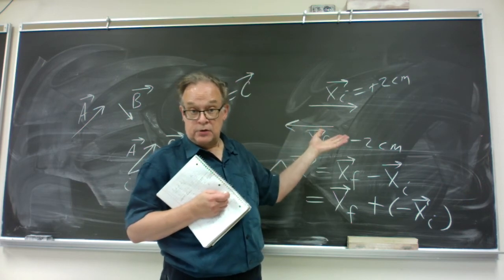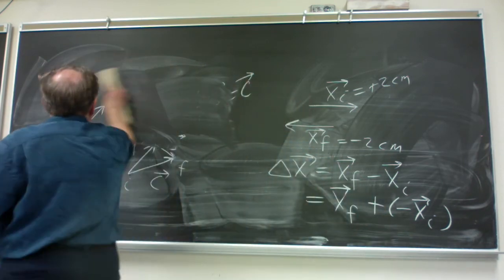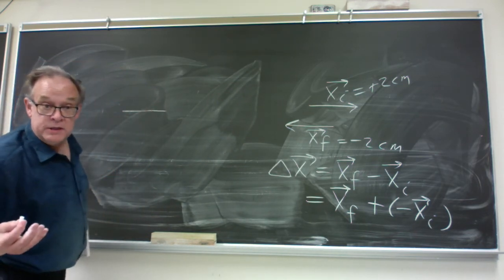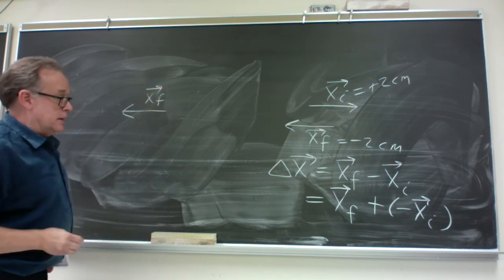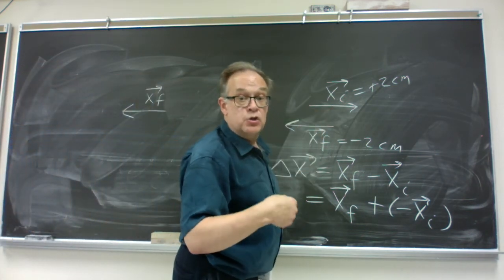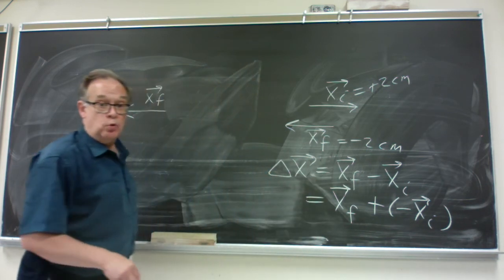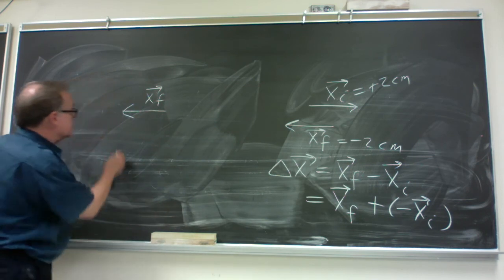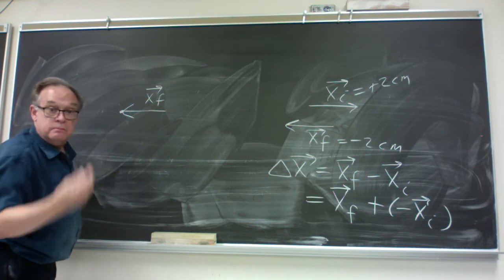And then let's add them together, tail to tip, to see what the result is. So x final, the first term in the sum, and then x initial is equally long and points to the right, so minus x initial has the same length but points to the left. And we're adding minus x initial to x final, so we connect the tail of minus x initial to the tip of x final, tail to tip.